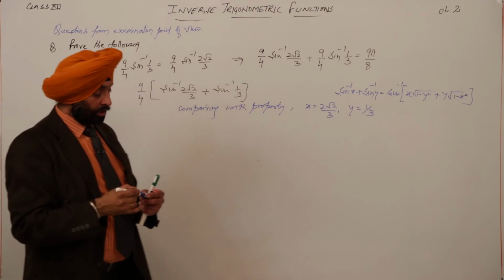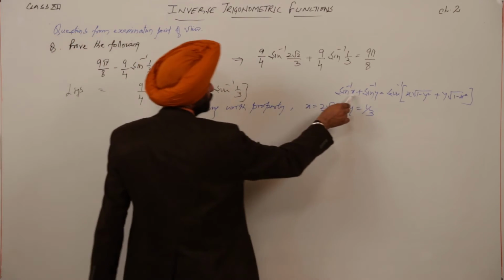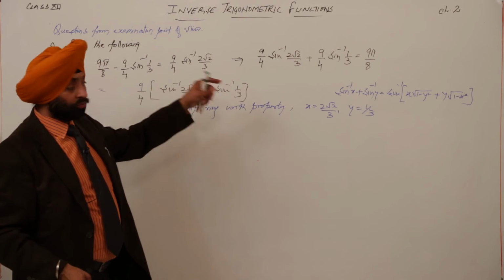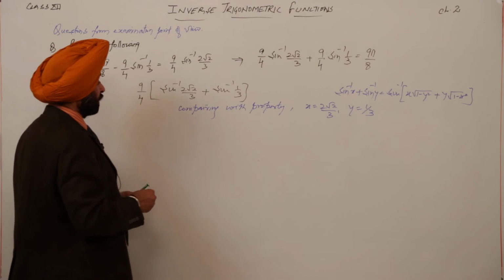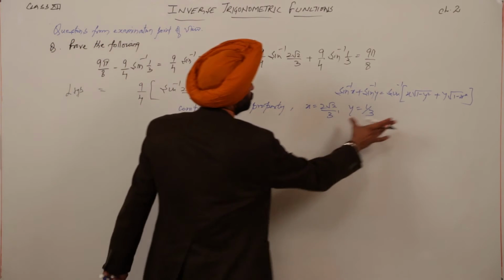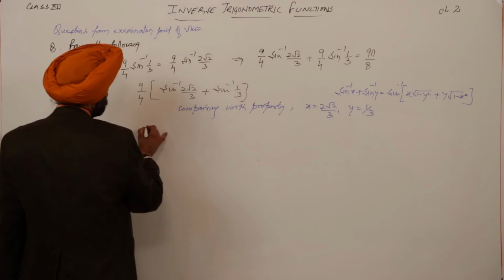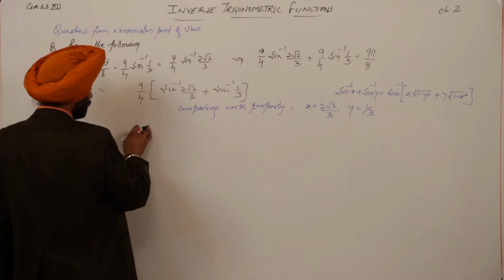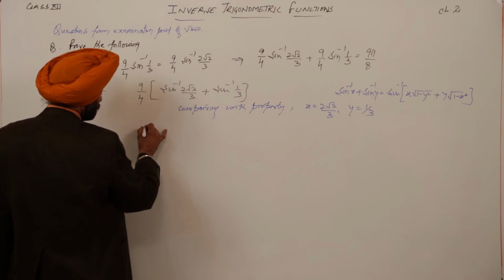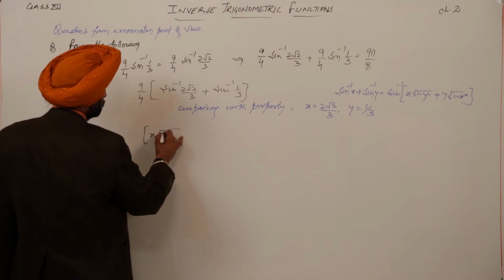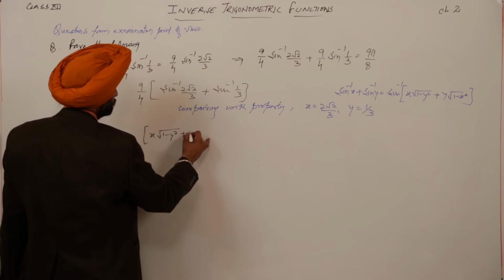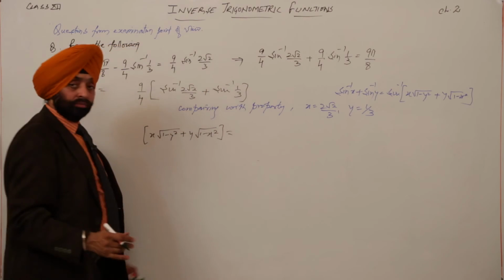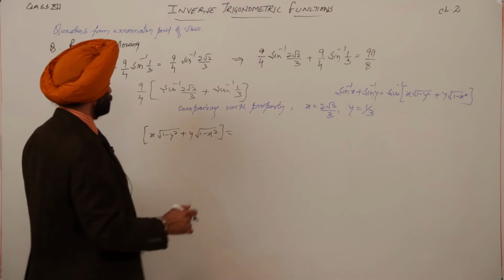Comparing with this property sin inverse x plus sin inverse y, we got x as 2 root 2 upon 3 and y as 1 by 3. Okay. So now let's put these values on the right hand side of the property. x under the root 1 minus y square plus y under the root 1 minus x square is equal to, let me put the values here first.